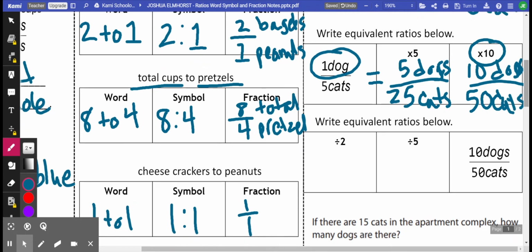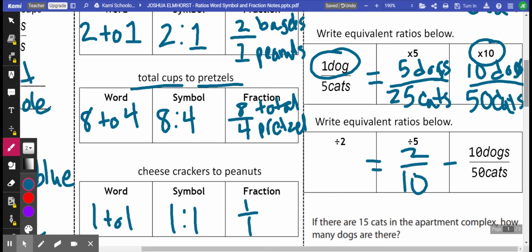Then using the same comparison down below, instead of going to larger ratios, we're going to go to smaller ratios. So let's say we had 10 dogs and 50 cats. If we divide by 5, 10 divided by 5 is 2, and 50 divided by 5 is 10.